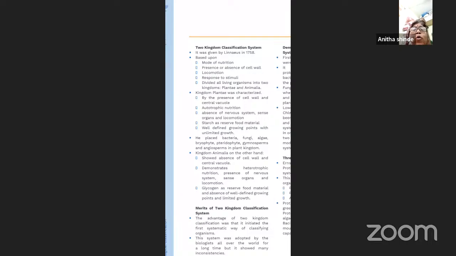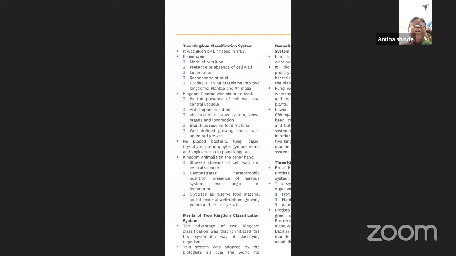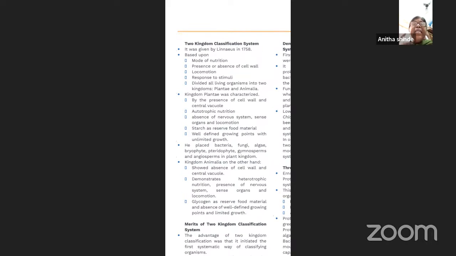The first and foremost is the two kingdom classification system. What do we mean by it? It was given by Carl Linnaeus in the year 1758. He stressed the mode of nutrition, presence or absence of cell wall, locomotion, and response to stimuli, and based on these characters he divided the organisms into two kingdoms.